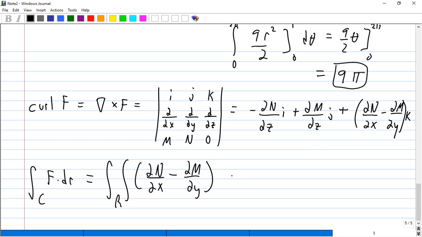This second part right here, this is Green's theorem. If we do have certain conditions, this is equal to the double integral over the region of the curl of F dotted with k dA. This is the first alternate form.